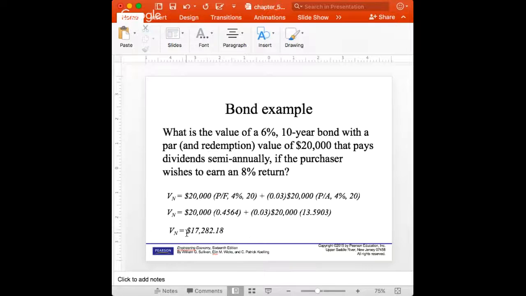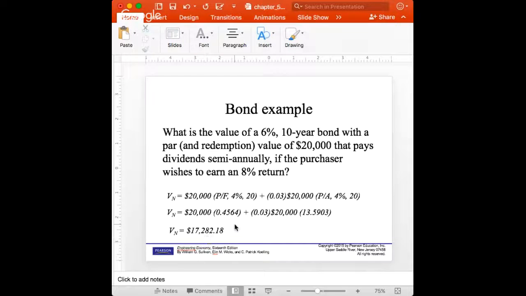And the purchaser will pay about $17,000 for this bond that will pay $600, that's the semi-annual amount, every 6 months for the next 10 years, and give the purchaser $20,000 at the end of those 10 years.